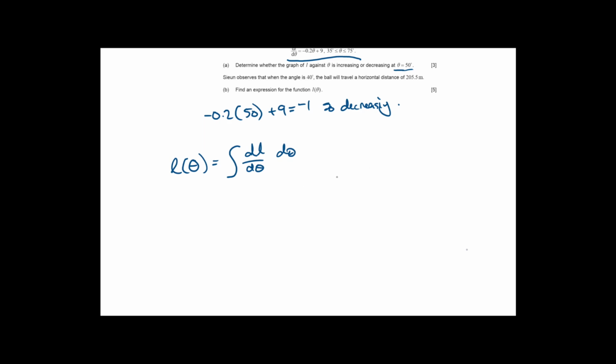So we integrate that, so therefore L as a function of theta is going to be negative 0.2 using the power rule, theta to the power of positive 1.